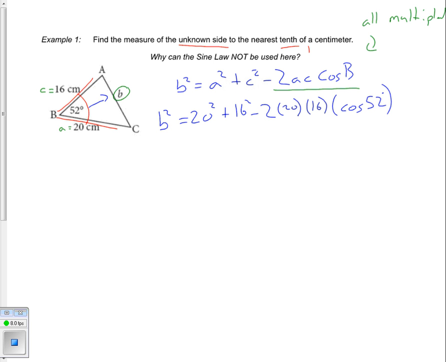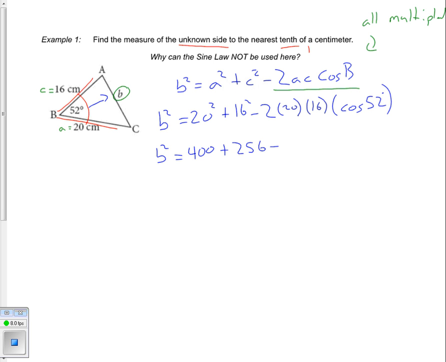Okay? So now we're going to go through and simplify this as much as we possibly can. So I've got B squared is equal to 20 squared. Well, 20 squared is 400. Plus 16 squared. So 16 squared is 256. Now, again, this minus 2 times 20 times 16 times cos 52 degrees, those 4 numbers are all being multiplied.